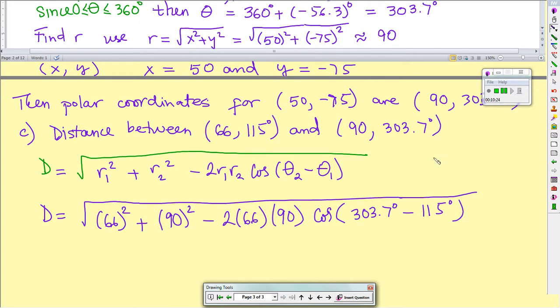Put them in your calculator. Make sure you are in degree mode. So our answer to the nearest mile will be 156 miles.